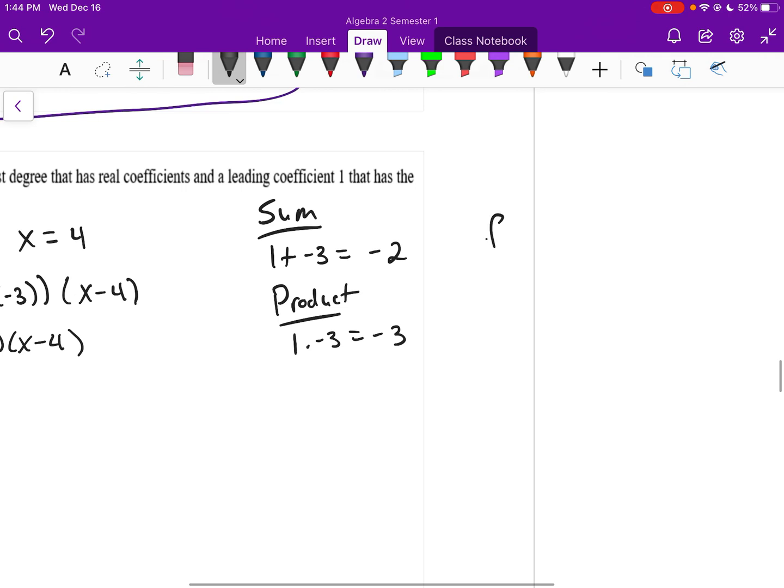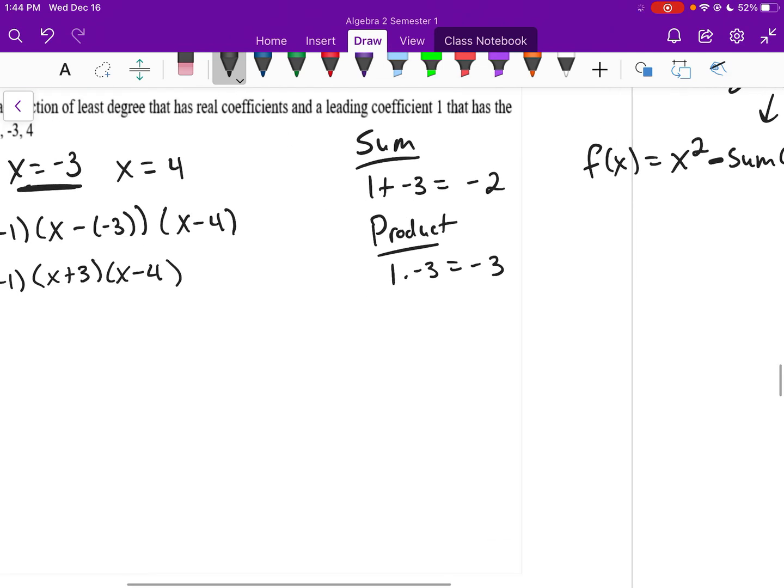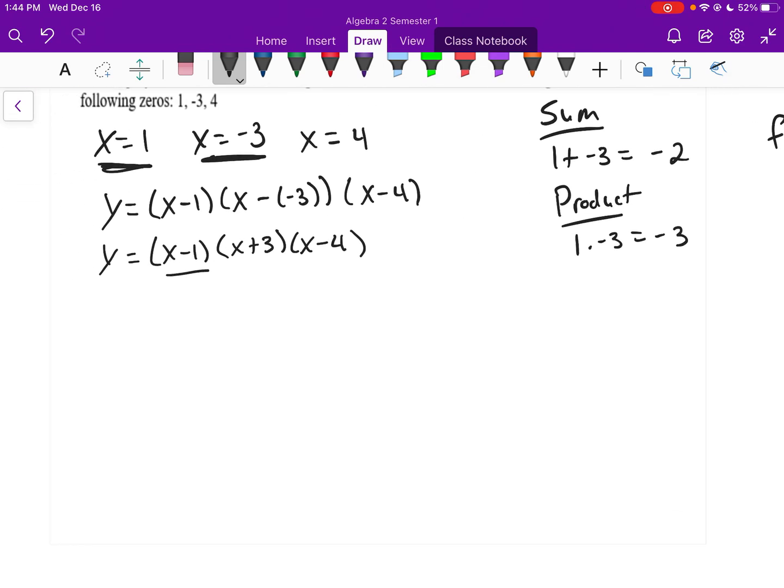So what you need to remember then, f of x is equal to x squared minus the sum of x plus the product. Again, this is using 2 zeros to help us get the quadratic for those 2 zeros. We use the 1 and -3, so basically we're multiplying those 2 out with a shortcut. So x squared minus the sum, which we said was -2, so minus -2 will be plus 2x, plus the product, which was -3.